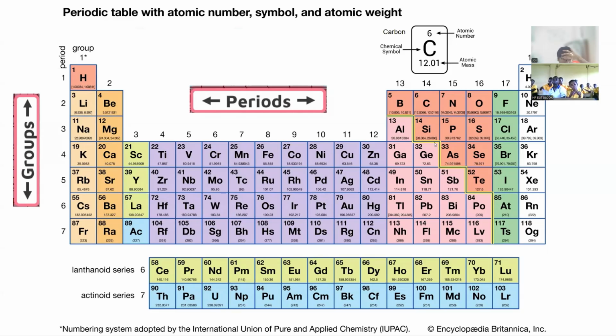But you can see that there is an increase of proton numbers as there is an increase of atomic number. So let's look at carbon, for example. The carbon is a good example. It has an atomic number of 6. That means it has 6 protons. And its atomic mass is 12.